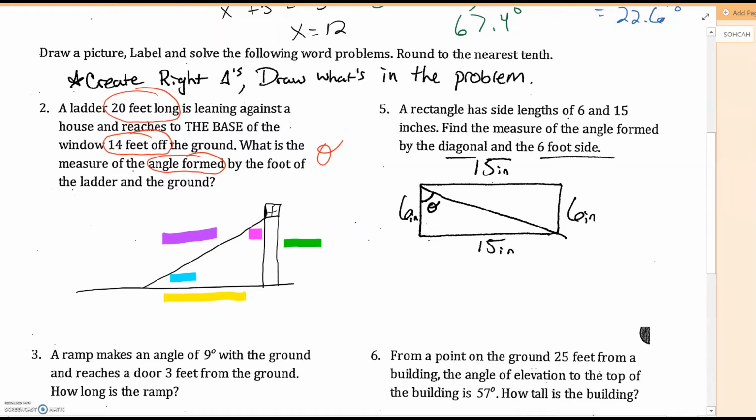Okay, so a ladder 20 feet long. So now I'm going to ask, where's the ladder? Would the ladder length represent the yellow, the green, the purple, the pink, or the teal? Okay, so ladder is here. This would be 20 feet long.